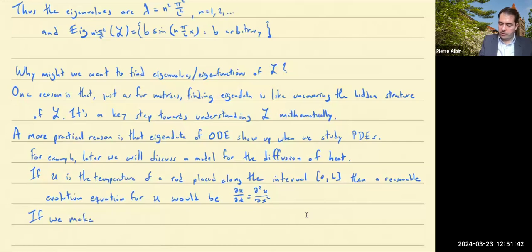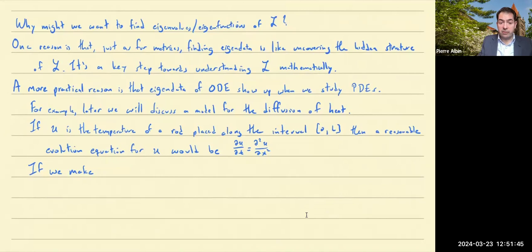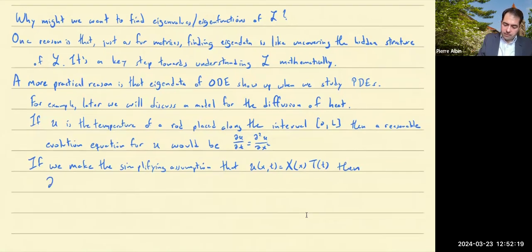Okay, so that equation can be complicated to solve, but we could make the simplifying assumption that U of x comma t is a product, say capital X of little x and capital T of time, then this equation becomes, well, on the left-hand side, we're taking the derivative with respect to t.